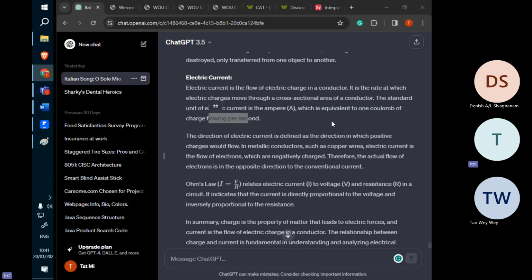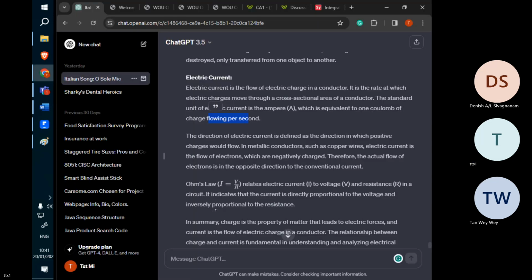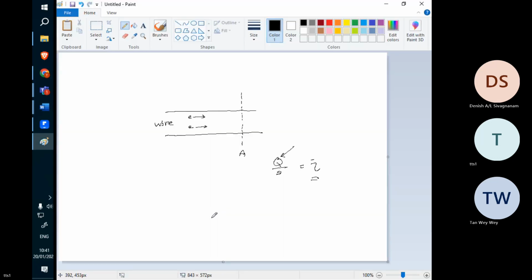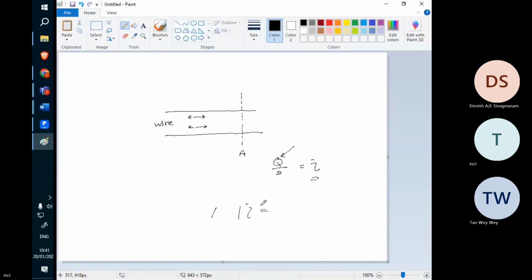Okay, let's write down. The current, ampere, is defined as a charge of 1 coulomb per second.